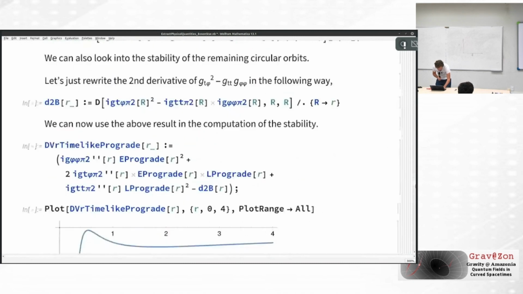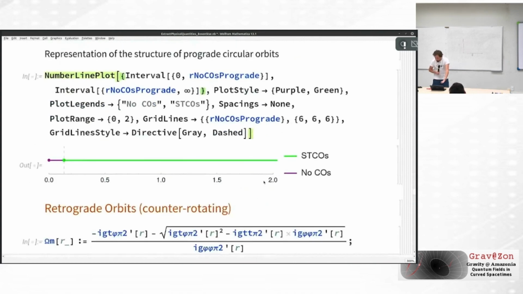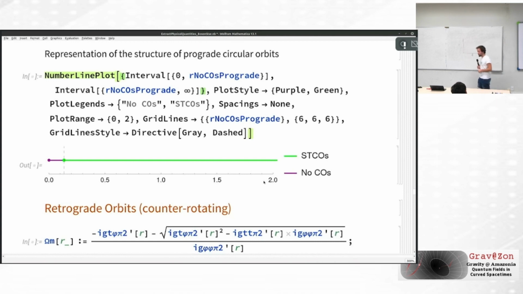So basically, this is the R coordinate. Here it's the origin. It goes up to infinity, but here it doesn't matter to go very, very far away. But you see that there is an inner region where you don't have circular orbits. And then after that point, up to infinity, you always have stable time-like circular orbits.